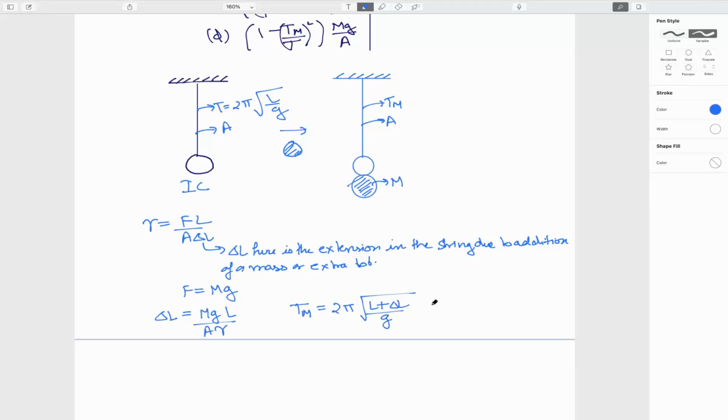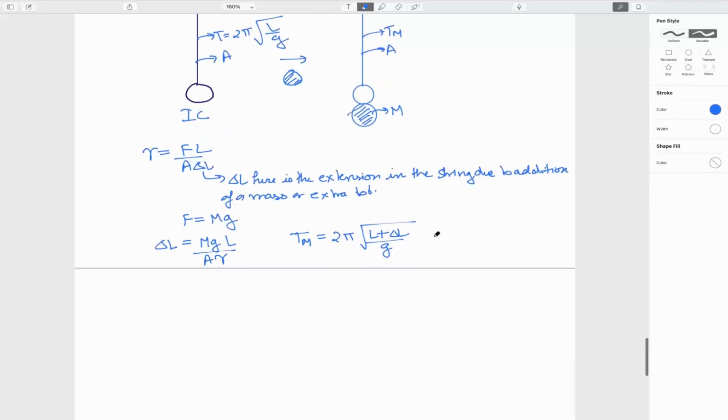The original time period T is 2 pi under root L by g.